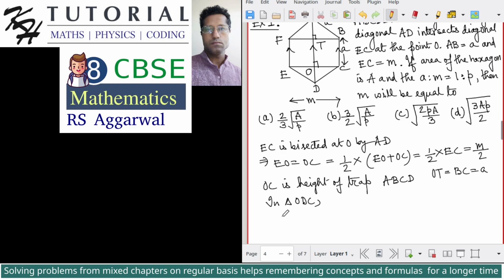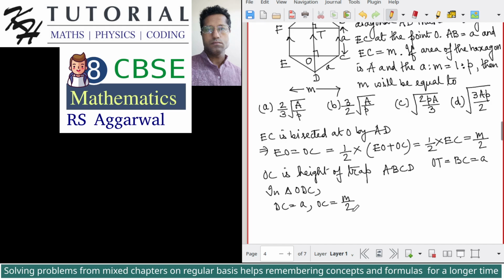In the right angle triangle ODC, DC is small a, and OC is equal to M by 2.